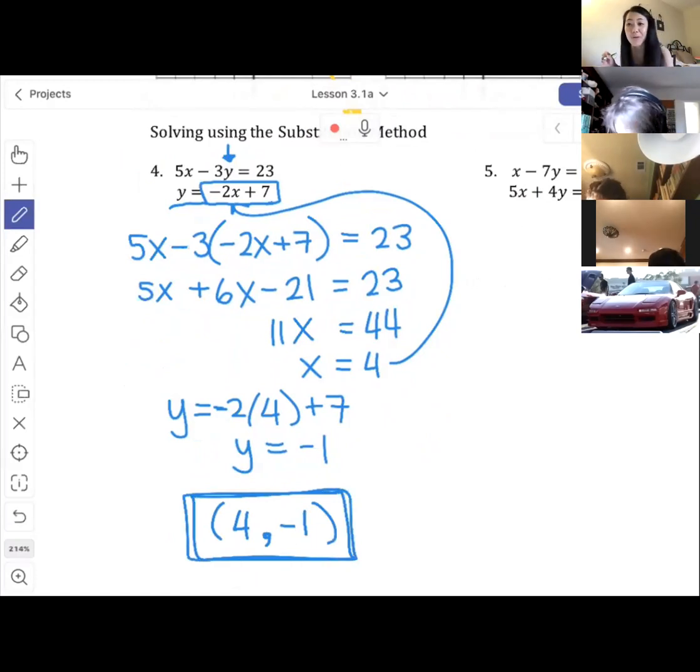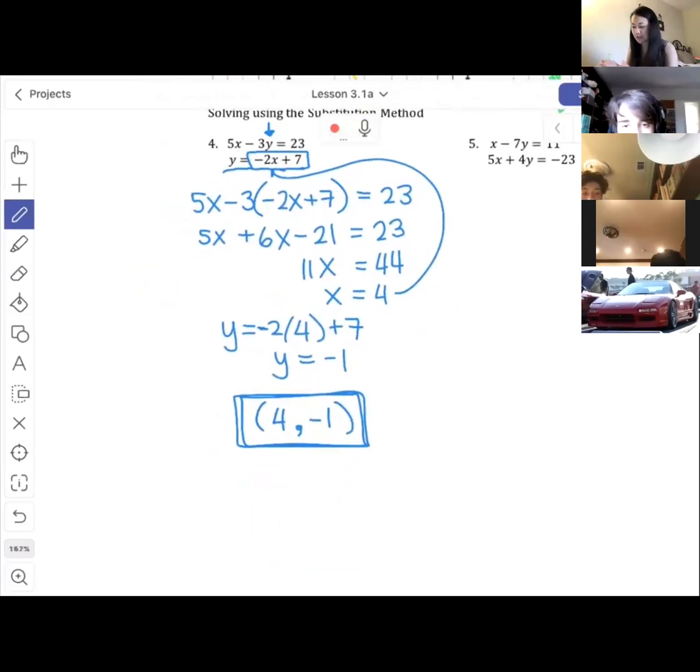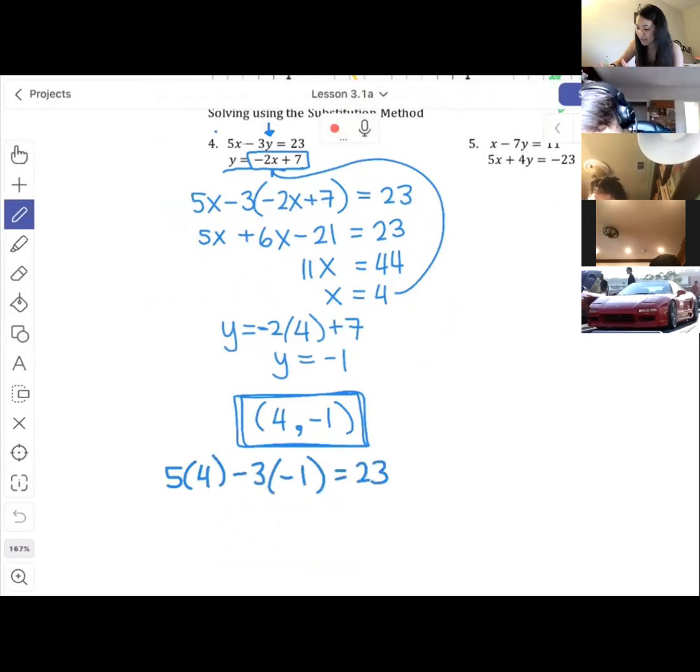Now I remember why this is my favorite. This is one of my favorite chapters because you can check your answers and make sure you get 100% on this question by just plugging in x and y and double checking, making sure that it solves the system. What I mean by that is plug in 4 for x and negative 1 for y into this first equation and double check that it works.